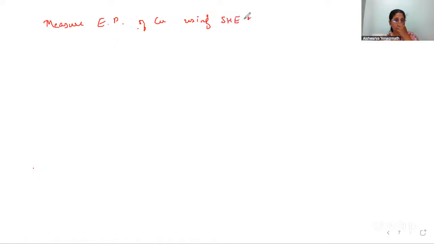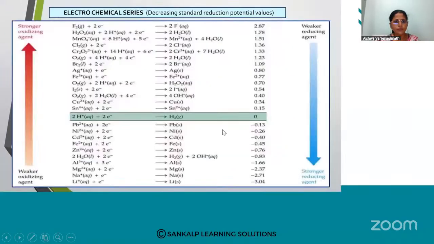Okay. So we need to know the reactivity table a bit. In SHE we have hydrogen. Fine. So if you see the reactivity series table, here hydrogen is here and you have copper here. Fine. If we remember this reactivity series a bit, it helps a lot. It becomes easier for us to move.